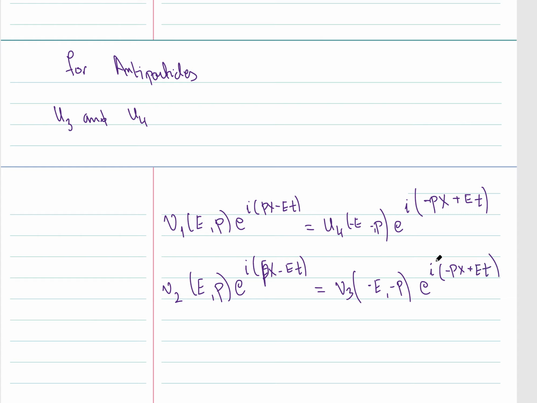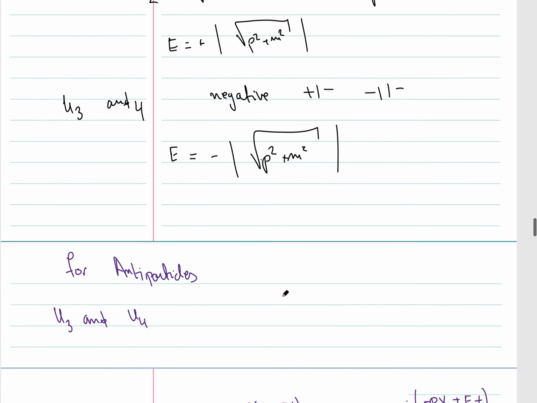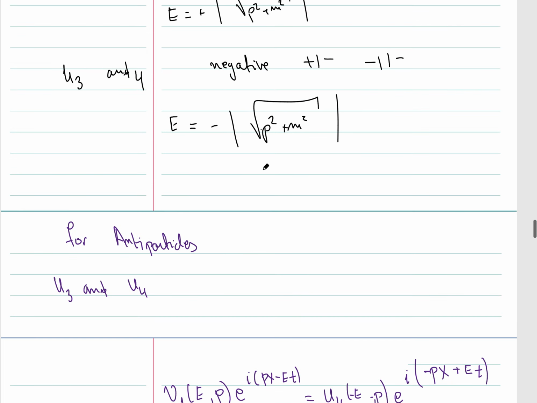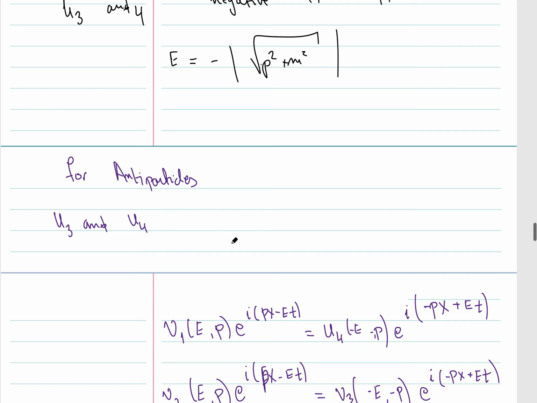So for antiparticles, we take these negative energy spinors and we change the sign, and then we have the spinors for antiparticles.